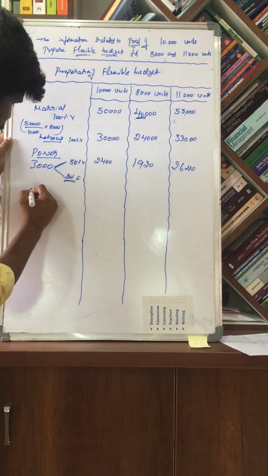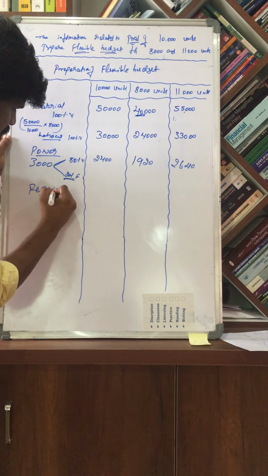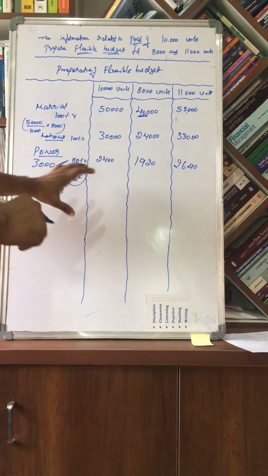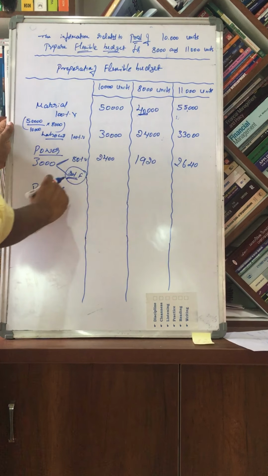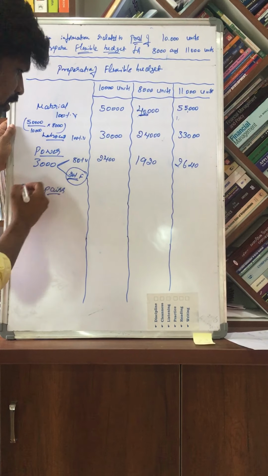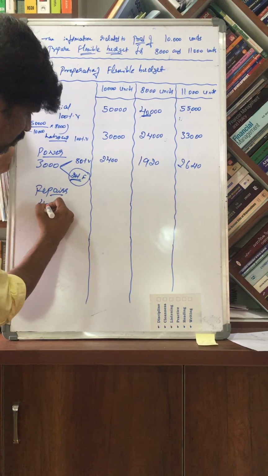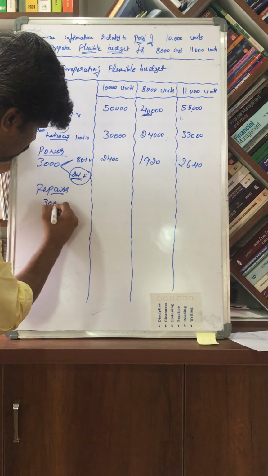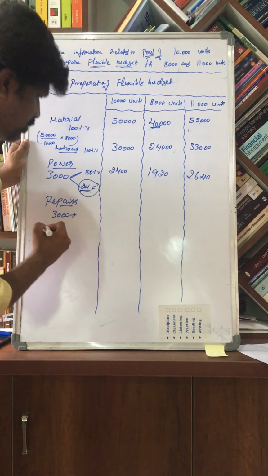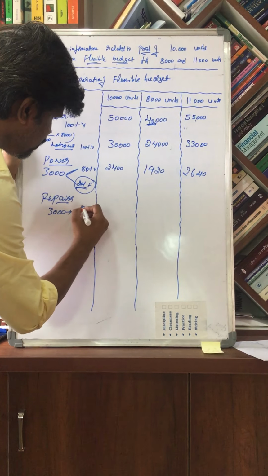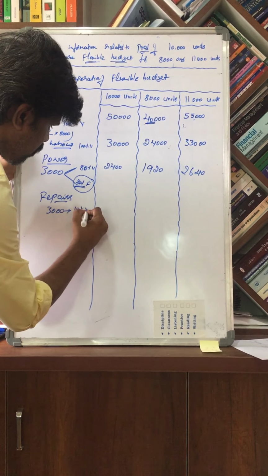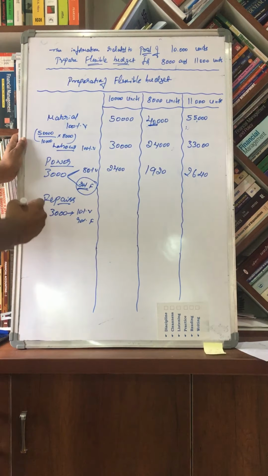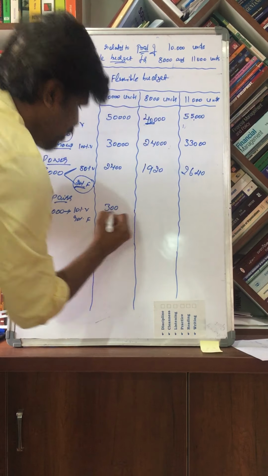Next one is repairs. This is still under the problem. Repairs is 3,000 rupees. This is 10% variable and 90% fixed. 10% means 300.